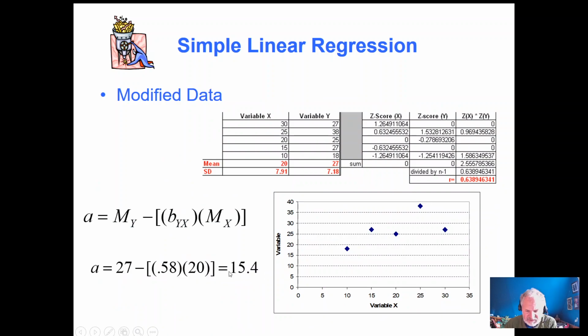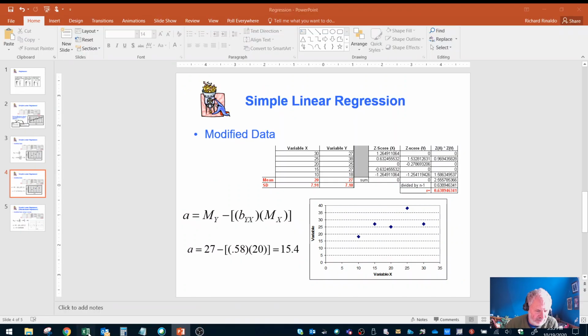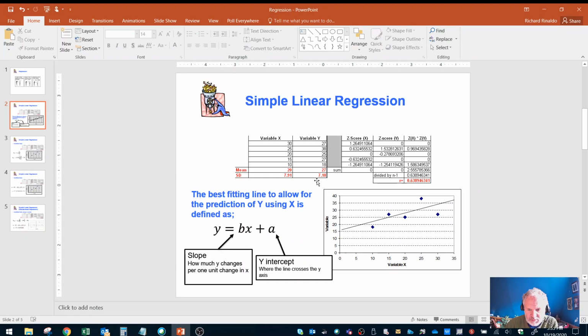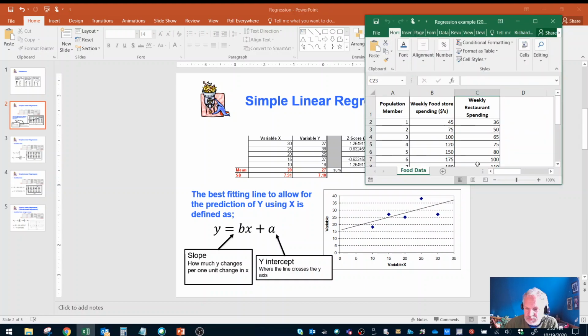So what I'm going to do now is walk through the calculation in Excel. So I'll grab my data. Let's do it for the food data.